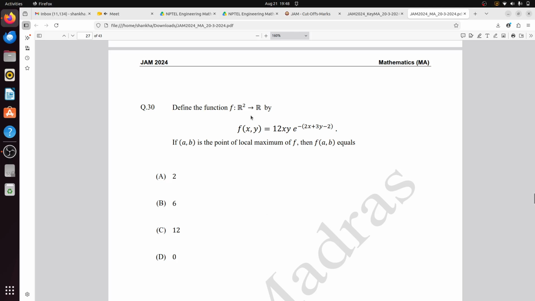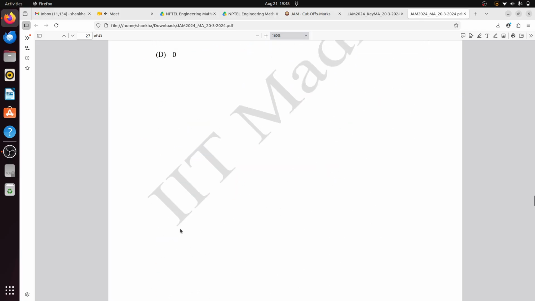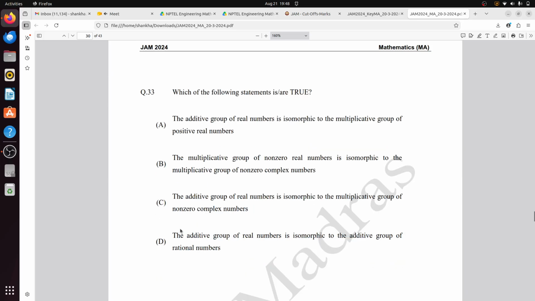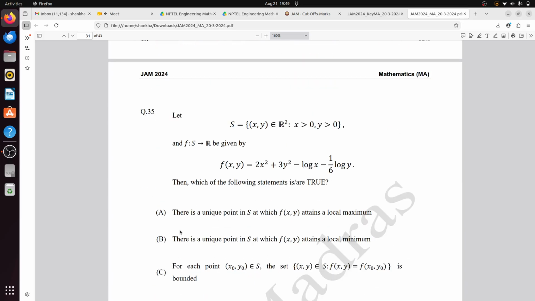Okay, let's see the next problem. I need to look at the question to see how its answer comes. This one also, you can see that you will get the answer from maxima and minima. Every JAM paper, every year, you will get one question from this segment.